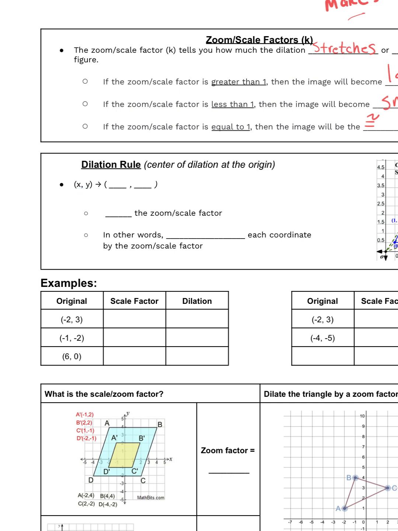So that would be k times x, and we take our k factor and multiply it by the y coordinate, k times y. All right, k, of course, is your scale factor or your zoom factor. In other words, you simply multiply each coordinate, the x and the y, by your scale factor.